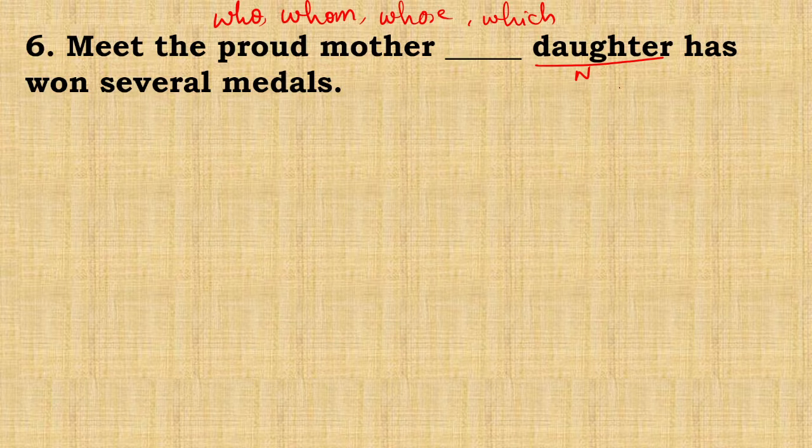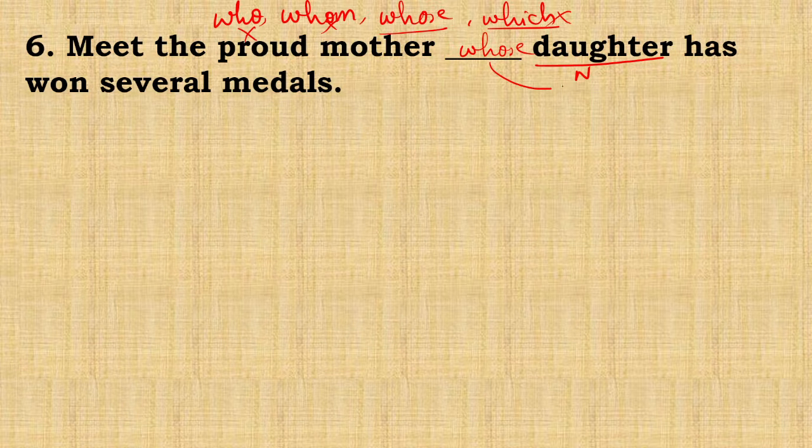Tell me. Who daughter? Not possible. Whom daughter is also not possible because a noun is immediately there. If at all you use who and whom, a verb must immediately follow. Whose is immediately followed by a noun, as I told you just before. Which is also followed by a verb, not possible. So what must be your answer only? Whose daughter? Belongingness, the daughter of this lady, the daughter of this mother.